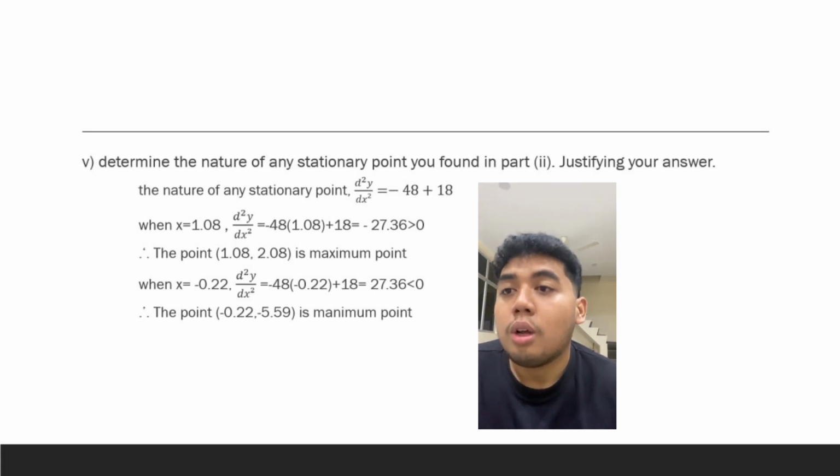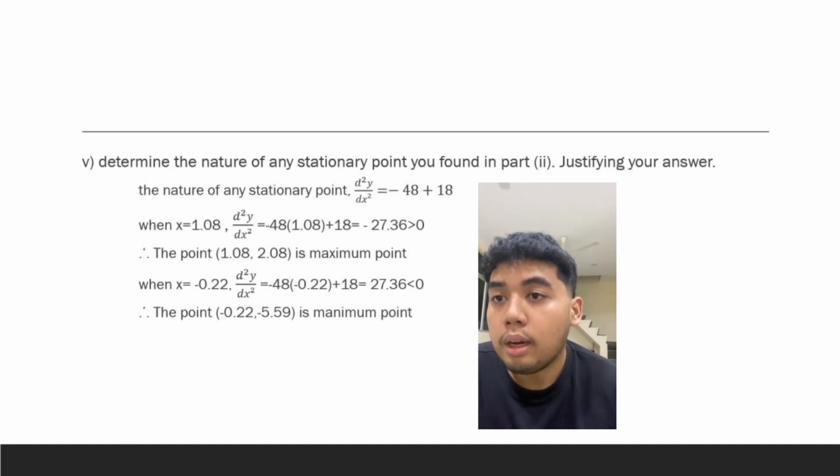The point 1.08, 2.08 is a maximum point. When x equals to negative 0.22, d power of 2y per dx power of 2 equals negative 42 multiply negative 0.22 plus 18 equals 27.36, bigger than 0. The point negative 0.22, negative 5.59 is a minimum point.